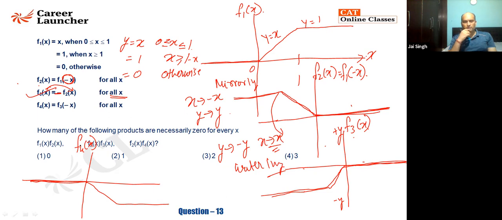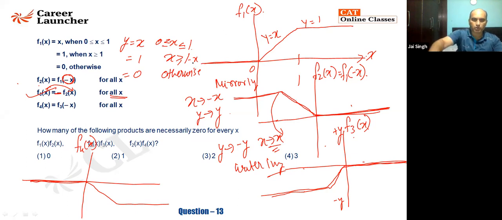Anything which is not clear? You know, mirror image: if you stand in front of a mirror, your height does not change, but yes, you look on the other side of the mirror. If you are standing near water, if you look in the water, you will find that your height, which is plus y, is going in the negative. It is going down. Y changes to minus y, but x does not change. I hope it is clear to all of you. Please ask.